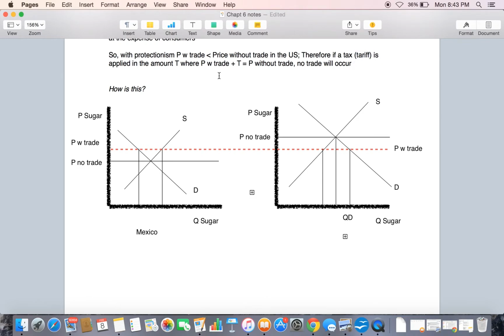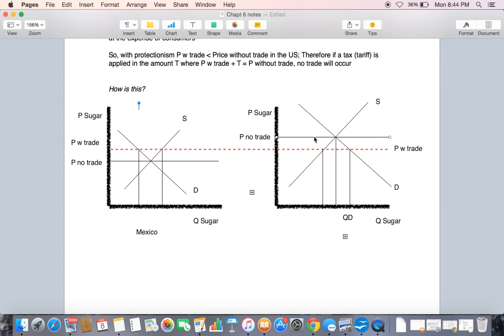When they apply that tariff, if they apply it in an amount such that P plus the tariff, or the distance between these two lines, price with trade plus the tariff, actually equals the price with no trade, then we would see that we would have no trade occurring between the United States and Mexico.